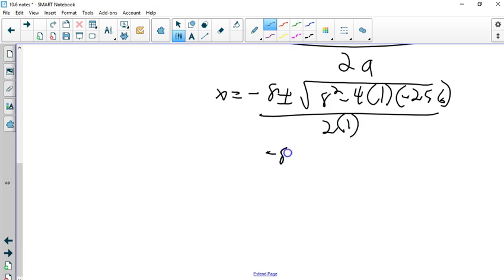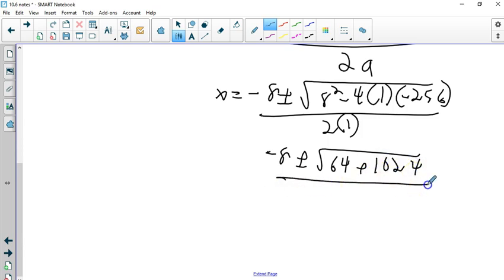So that's going to be negative 8 plus or minus. Now when you crunch these numbers, that's going to be 64 plus, okay, plus because negative 4 times negative 256 is a positive. That's going to be plus 1,024 all over 2.